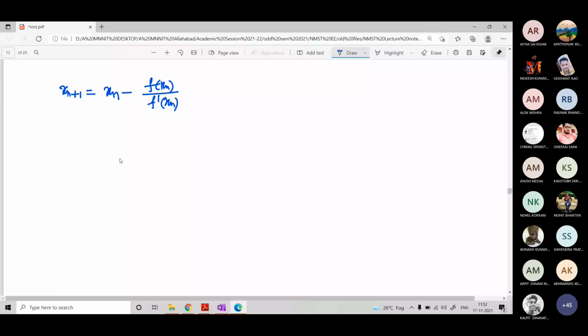That is the formula in the Newton-Raphson method. So what will be the error in the n plus 1th step? This is mod of xn plus 1 minus alpha, if alpha is the exact root, isn't it? xn plus 1 minus alpha, that is the error.